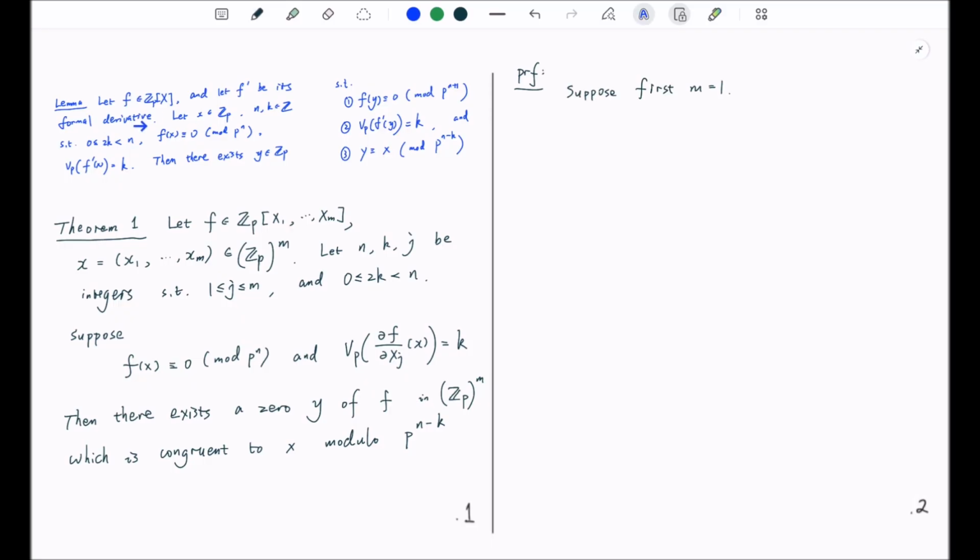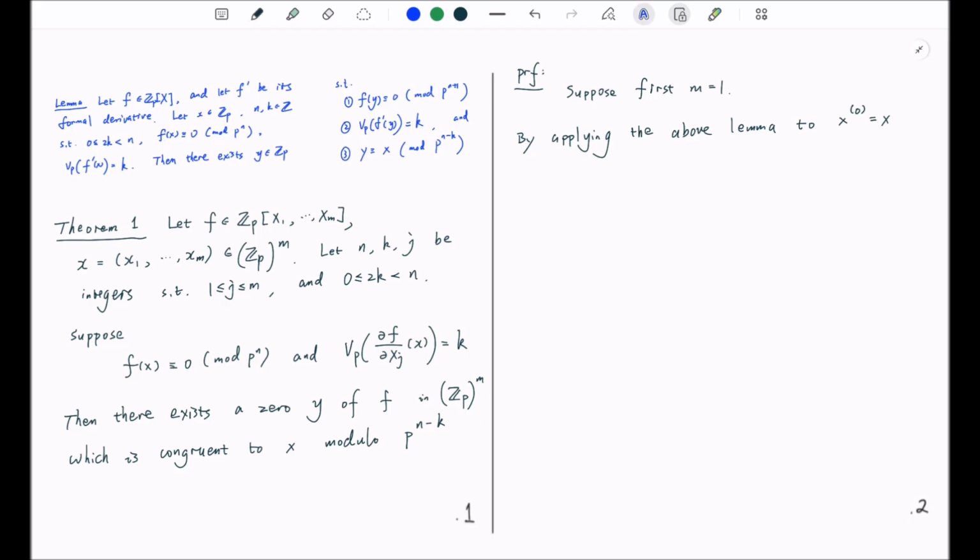By applying the lemma above repeatedly, we're going to produce a sequence. We're first going to apply this lemma just to this x when m is equal to 1. And we call this first initial element x superscript 0.